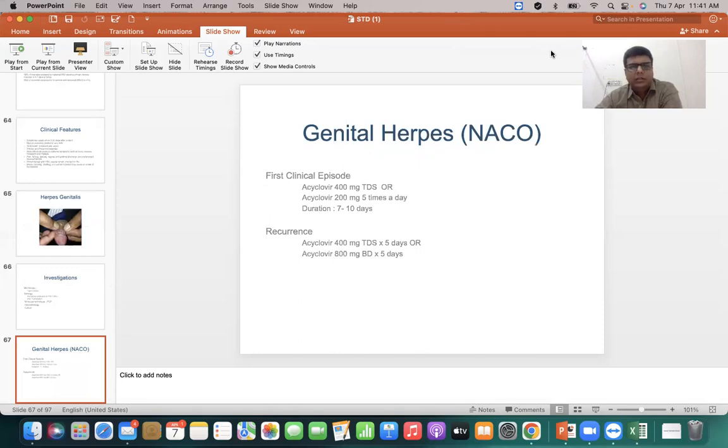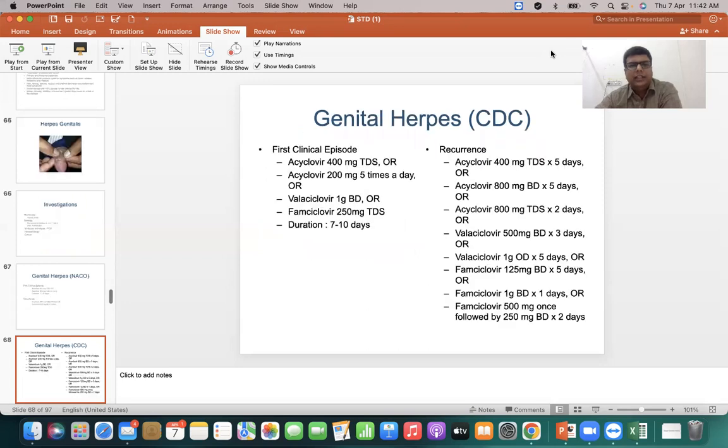For the treatment of genital herpes, first choice is acyclovir 400 mg thrice a day for 3 days, or acyclovir 200 mg 5 times a day for 5 days. The duration is 7 to 10 days. In recurrence, acyclovir 400 mg 3 times a day for 5 days, or acyclovir 800 mg twice daily for 5 days.